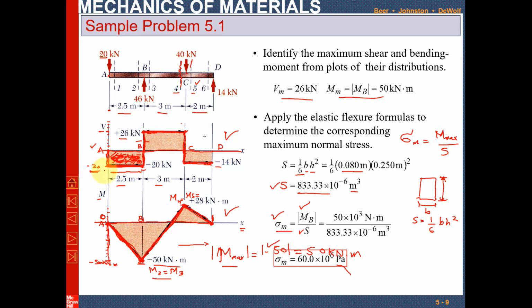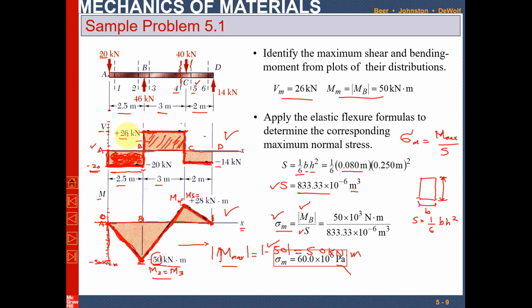If you multiply 20 with 2.5, it will give you 50. So the area under the shear force will give you the bending moment. So this is -50.